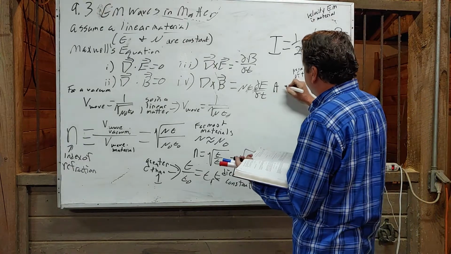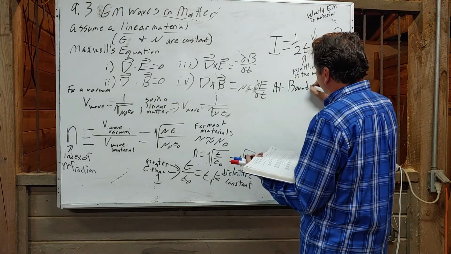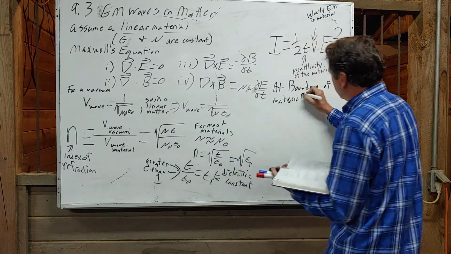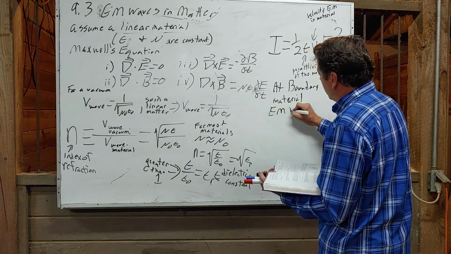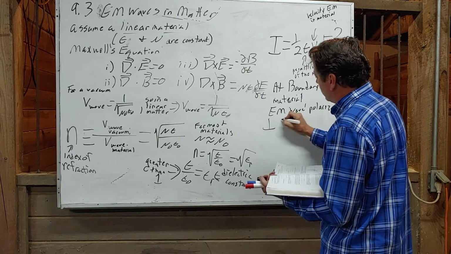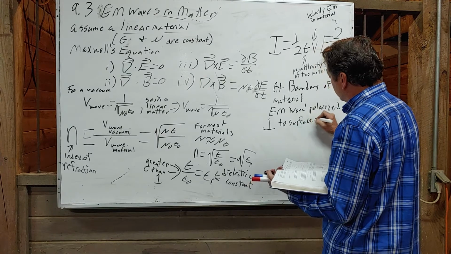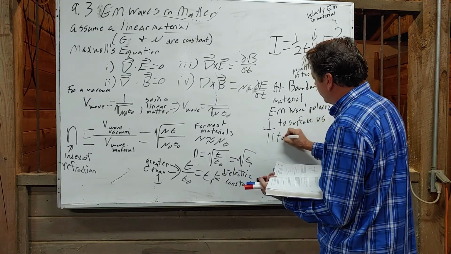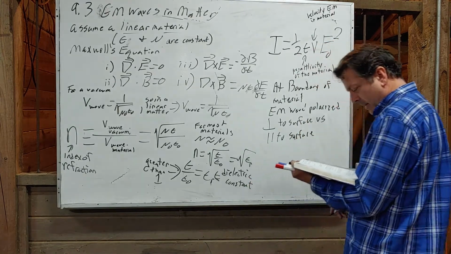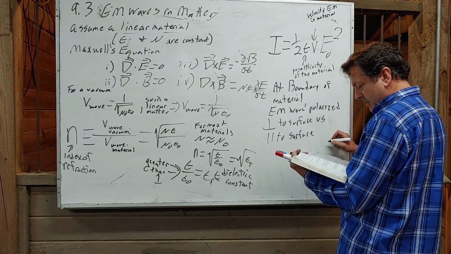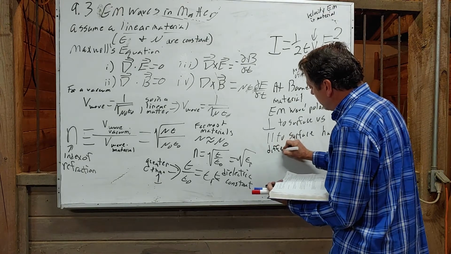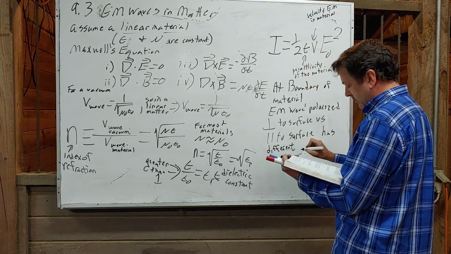What I will just say is at the boundary of the material, the electromagnetic wave polarized perpendicular to the surface versus parallel to the surface has different intensities.